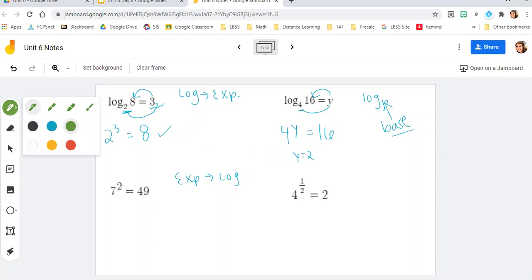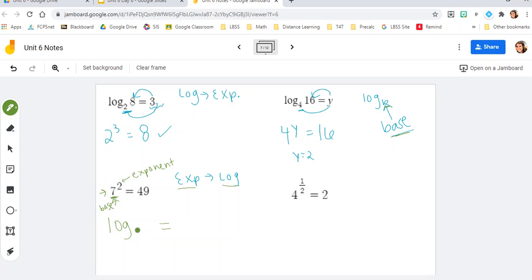And then it's the same idea if we're going to go backwards from exponent to log form. We can't use the snail method on what's written right here, but we can use the snail method to kind of help us think of it. So I always like to write a log, leave some space, and then put an equal sign. So I told you up here that the base of the log is that little number at the bottom. Well, for an exponent, this is the base. It's the base of the exponent.